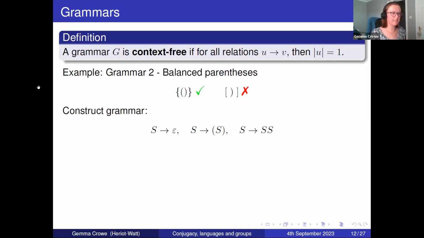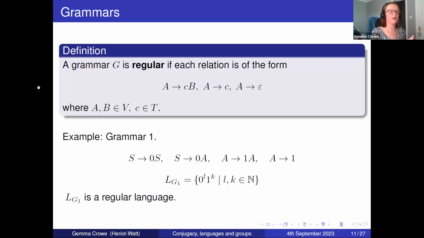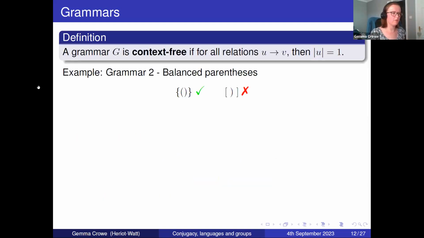The reason I'm emphasizing this grammar is, if we go back a second to the regular grammar, you can see that this balanced parentheses grammar doesn't fit into this category because, for example, the second relation is of length 3. So it definitely doesn't fit that.